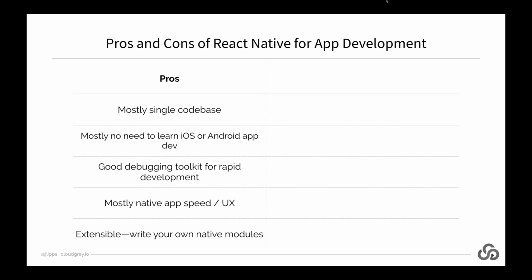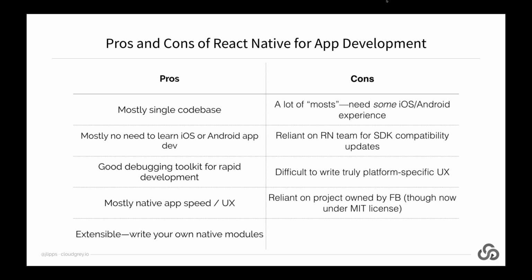Another nice thing about React Native is that it's extensible. If you want to do something to tie into the native operating systems that is not yet available in React Native's native module space, you can add your own extension and then just use it and share it with other people as well.